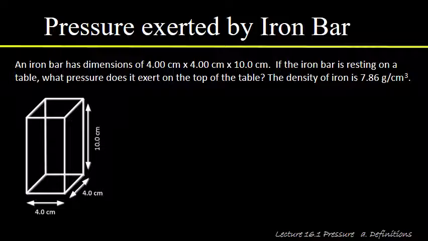And what I'm going to ask you to do is go ahead and in a minute turn off or hit pause on the video and calculate the pressure that this iron bar is exerting on the tabletop if instead of lying on its side, it's lying on its end. The rest of the problem is exactly the same except for the orientation of the bar. All right. So go ahead and hit pause and work through this, and then check back, and we'll compare our results.